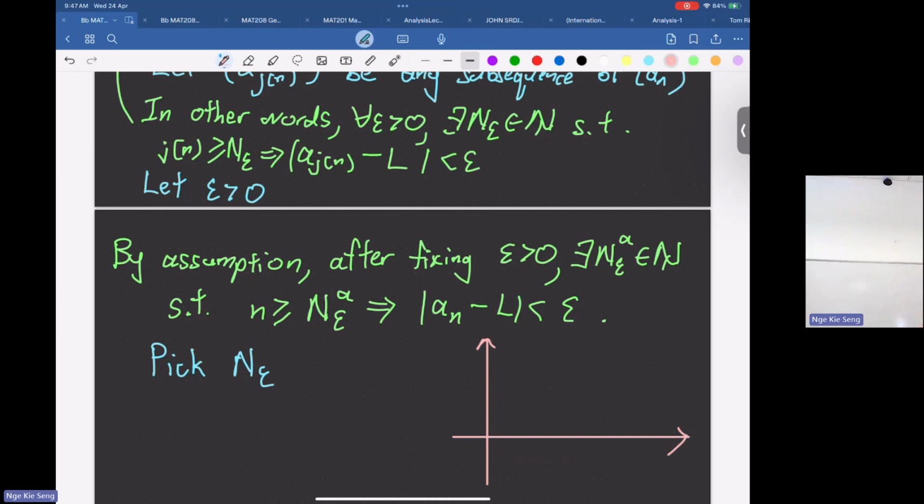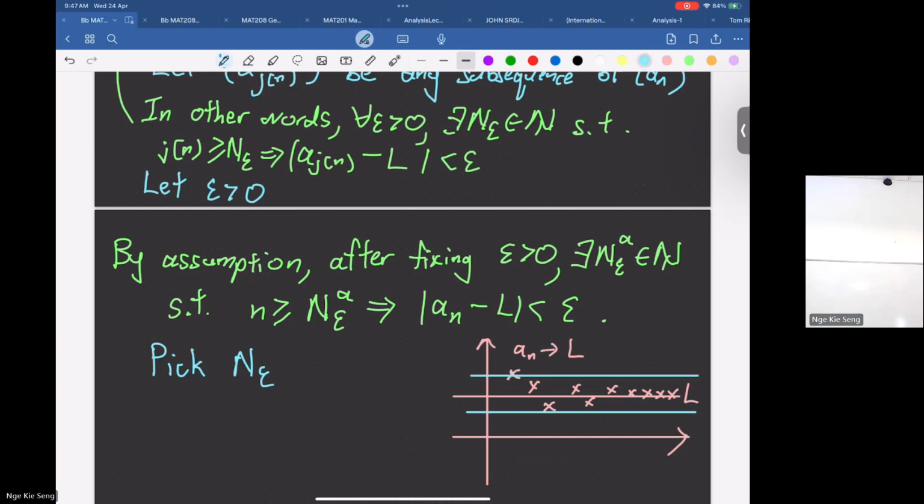Let's say an converges to L. So what does this mean here? Let's say this is L here. An converges to L, maybe alternating like this. Okay, there's an epsilon gap here, so you need to imagine an epsilon gap. To go into this epsilon gap, there exists an n. This n depends on epsilon and on your sequence.